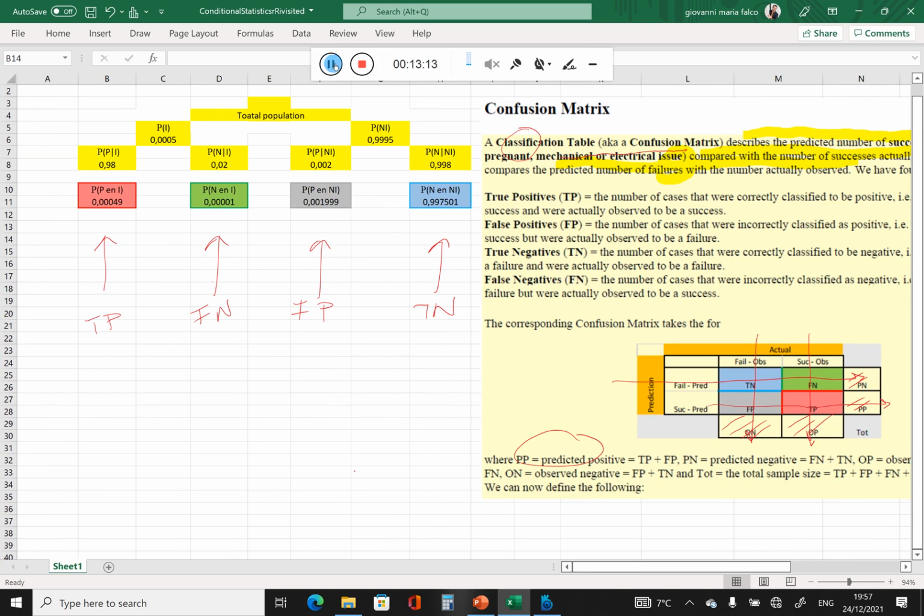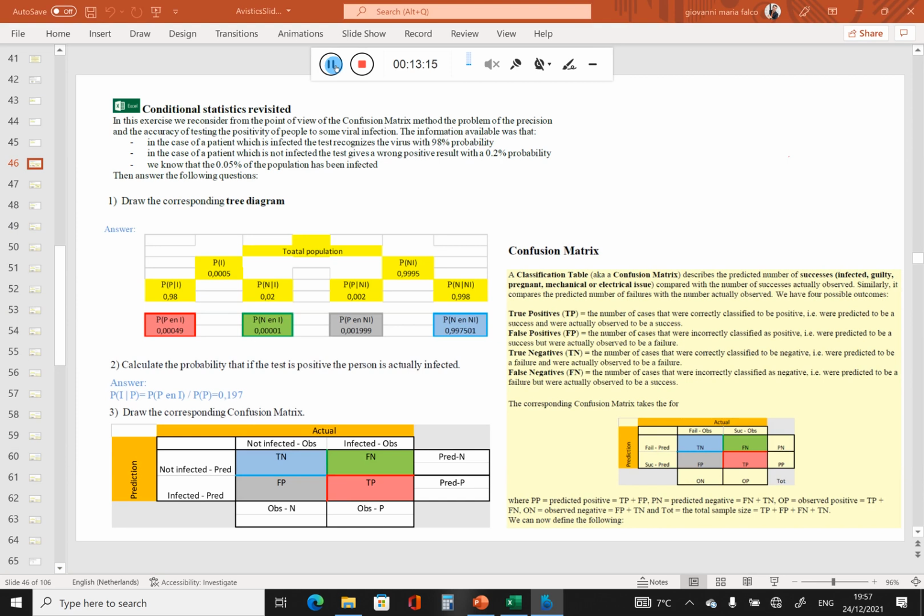Now that we have established a relation, also with colors, between the tree diagram and the confusion matrix, it will be easy to draw this matrix, and that's what we are going to do.